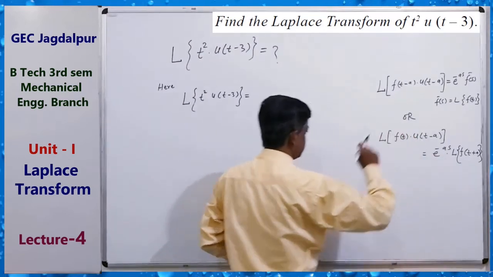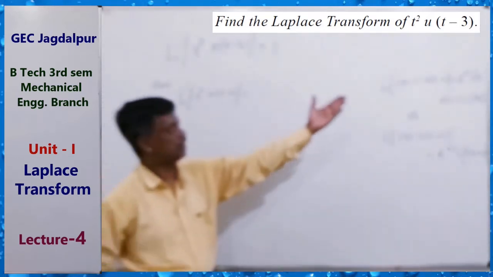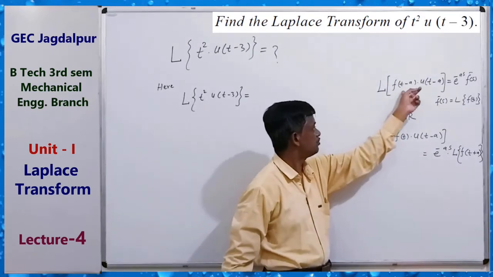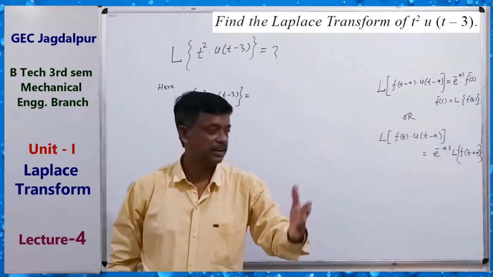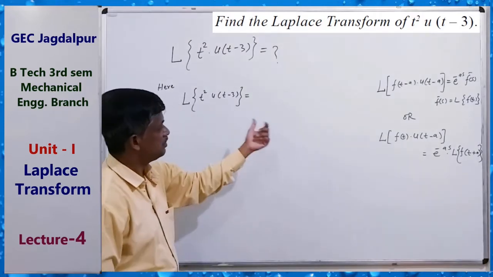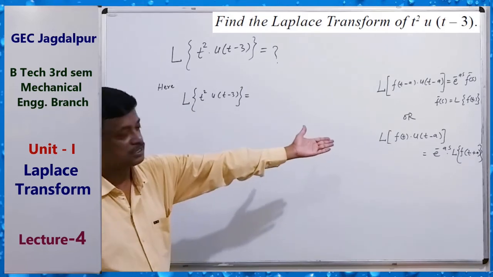Also, you can convert it in terms of this, but if you have to convert this in terms of this, then the question will be lengthy. So if you want to find the value of this, you can use this formula also.